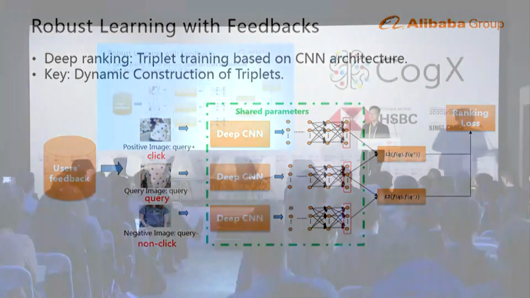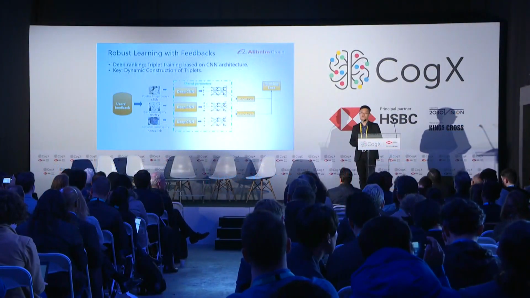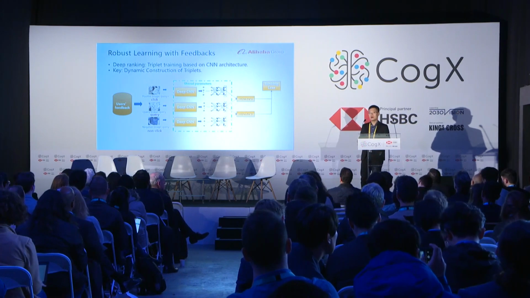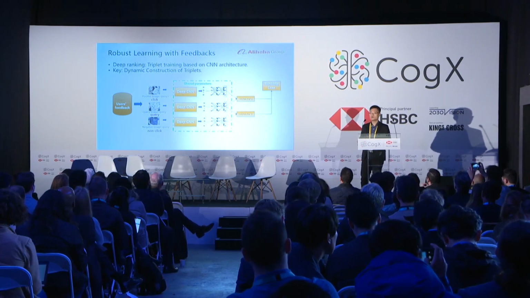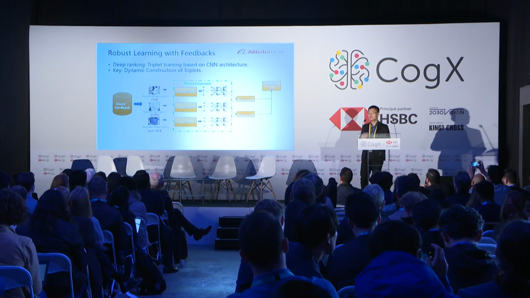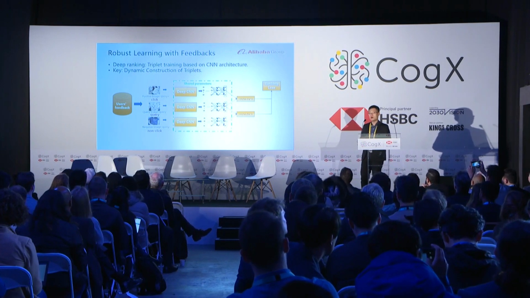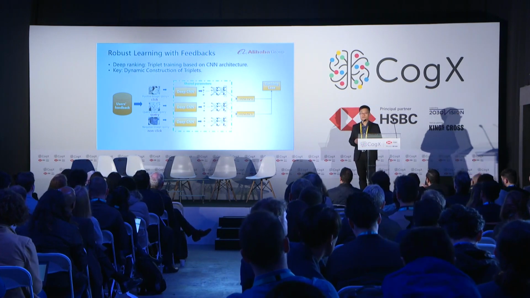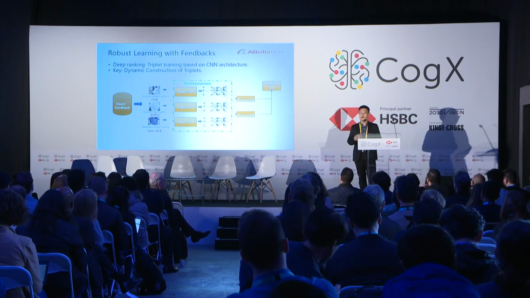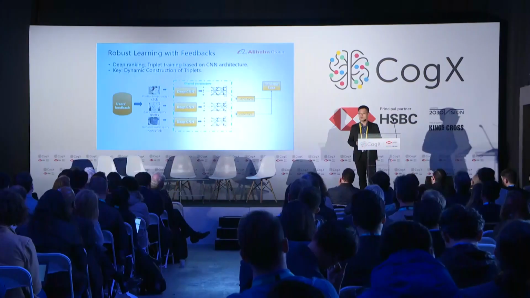In this way, we can form a huge amount of triplets. And then we set up a deep learning neural network that utilizes the triplets based on the users' feedback to train a robust feature representation. The loss of the CNN network is ranking loss, depending on the distance between the query and the positive sample and the distance between the query and the negative sample.